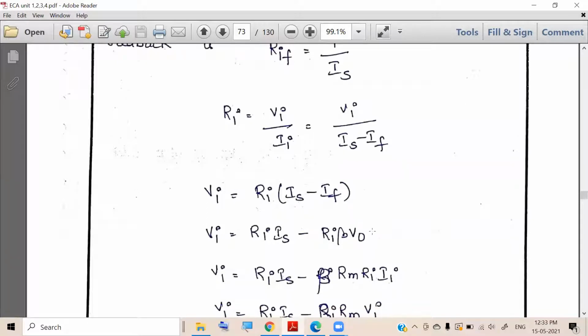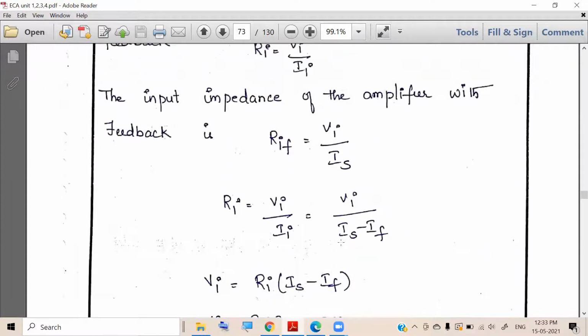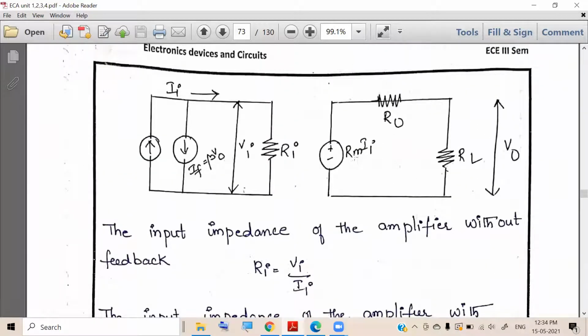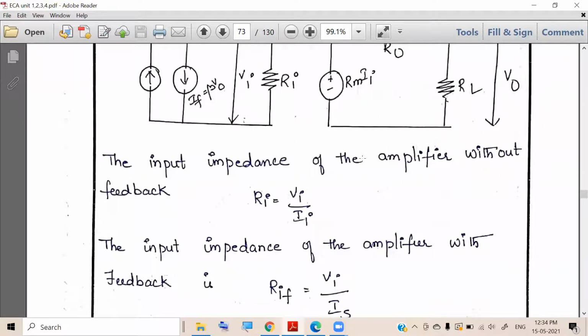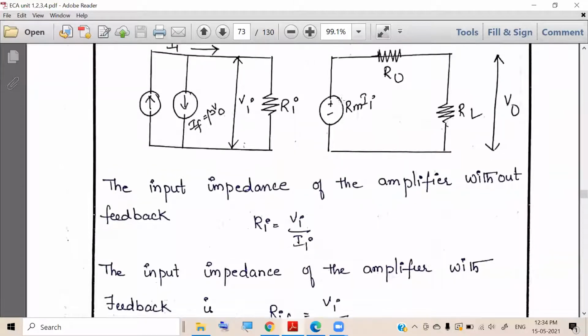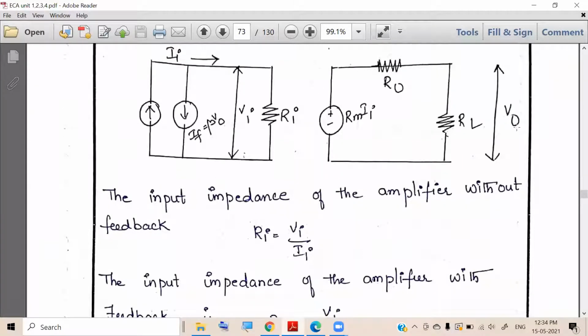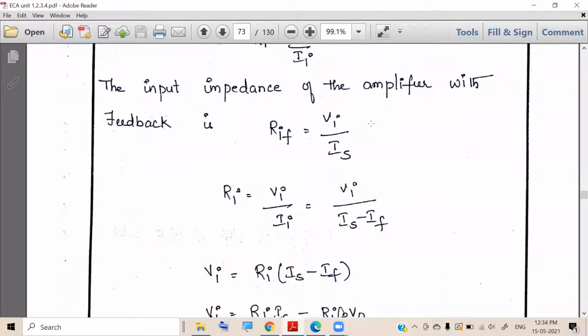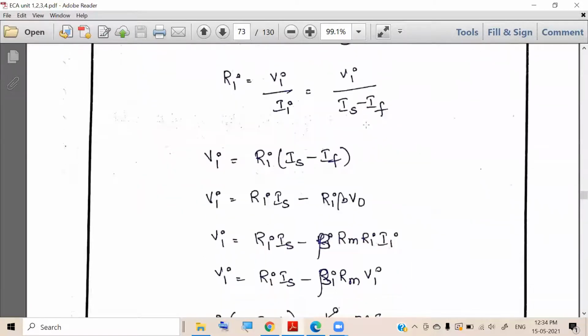Next, V naught in this case, using the condition for a transresistance amplifier and neglecting this drop, we can approximate V naught is equal to Rm into Ii. So we are replacing V naught with Rm Ii.